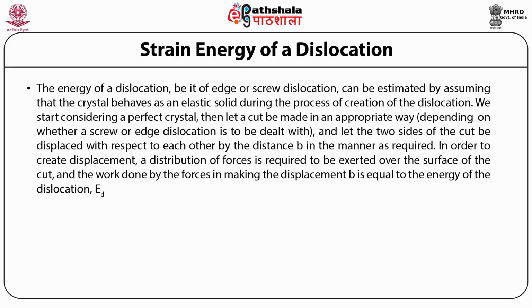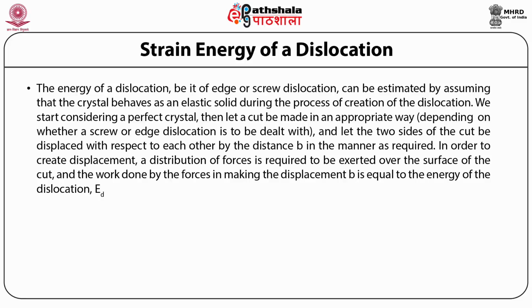We start by considering a perfect crystal. Then let a cut be made in an appropriate way, depending on whether a screw or edge dislocation is to be dealt with, and let the two sides of the cut be displaced with respect to each other by the distance b in the manner as required.